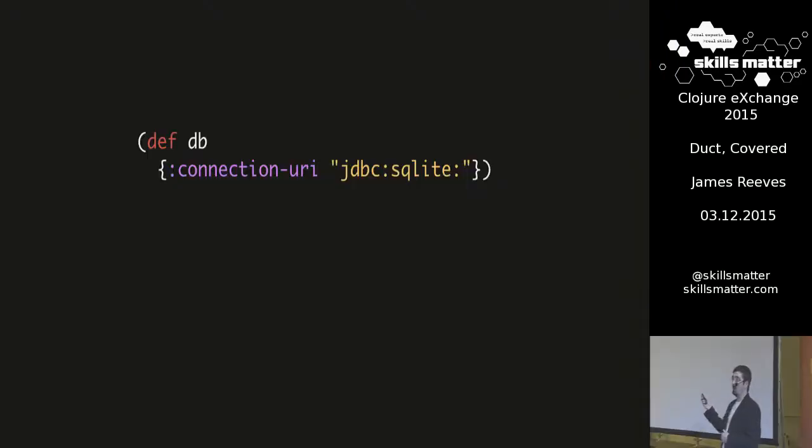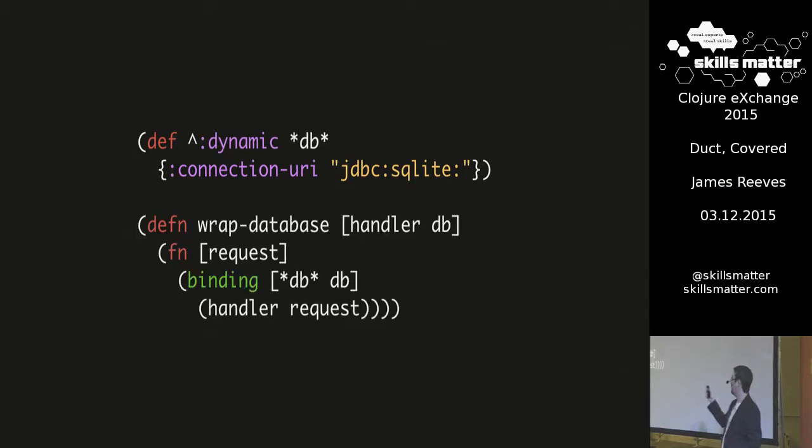Here we have the global variable, but what if we make it a dynamic variable? Then we can create some middleware here which binds the database to this dynamic variable. This means that the dynamic variable is only visible in the actual thread itself.